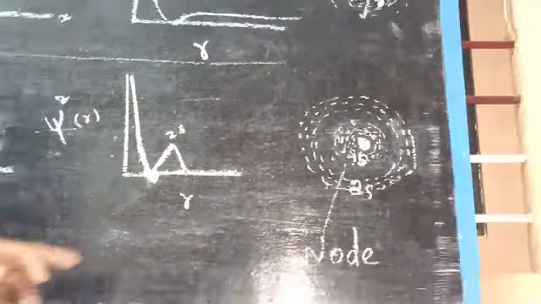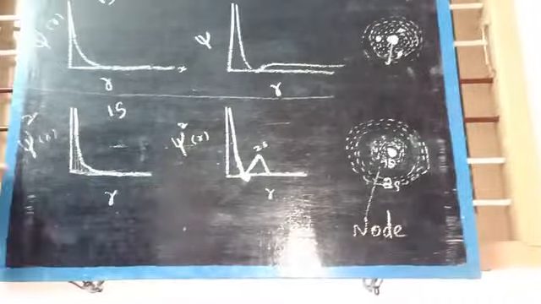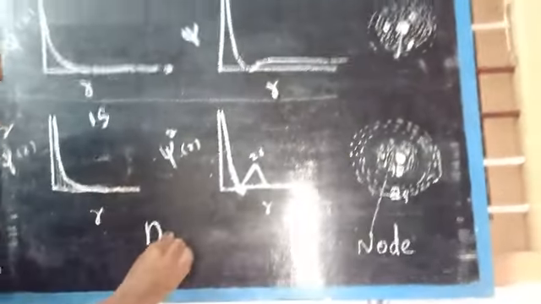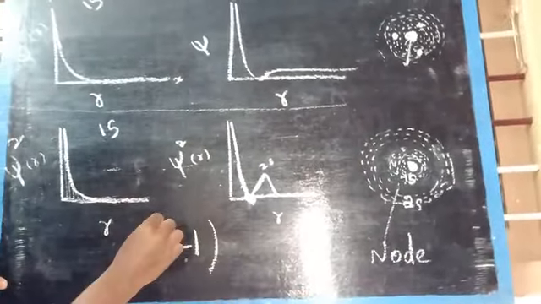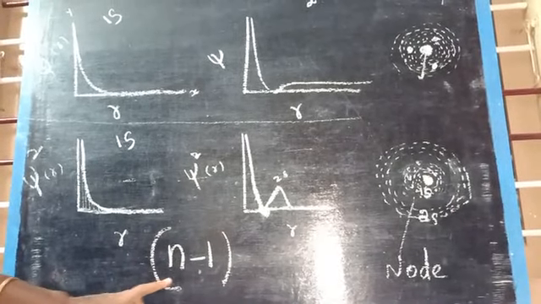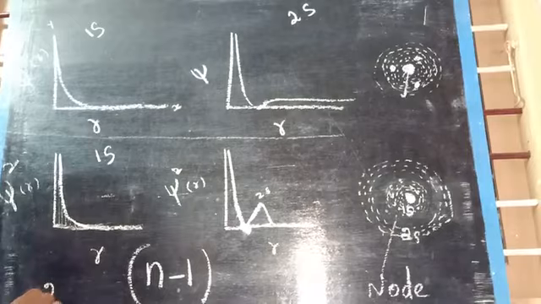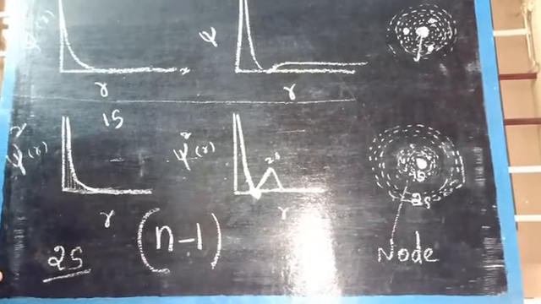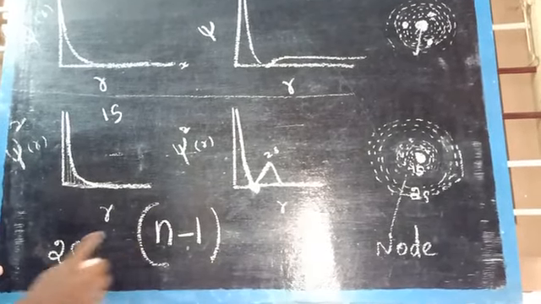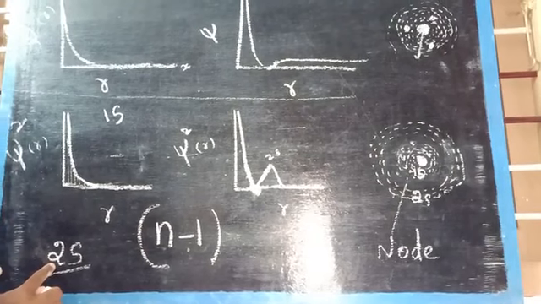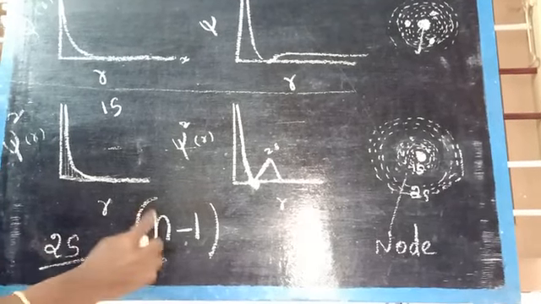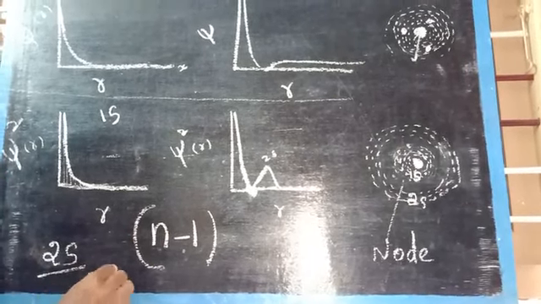Are you clear, children? Now see here: to calculate the nodal surface or nodes, we have the formula n minus 1. For the 2s orbital, to find the node, n is the principal quantum number, which is 2. So 2 minus 1 is 1.